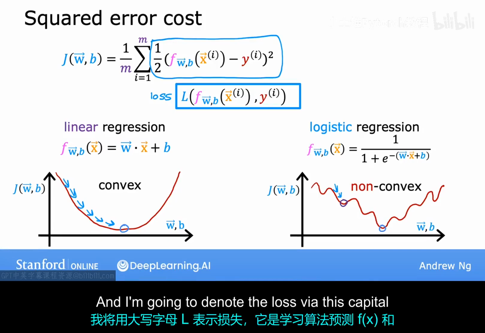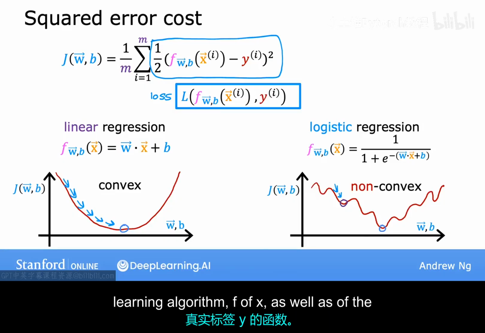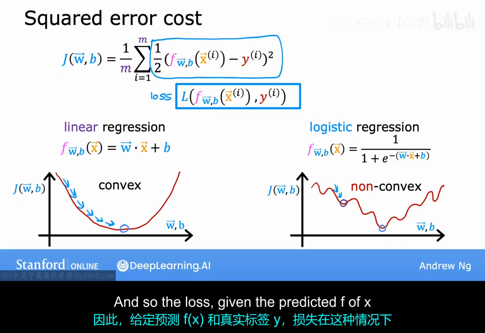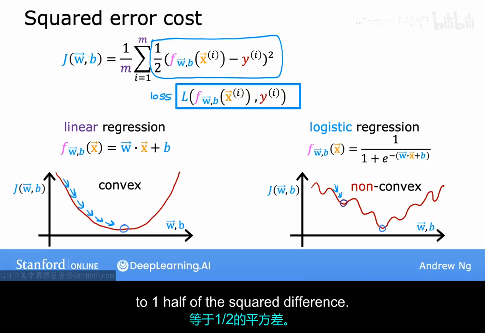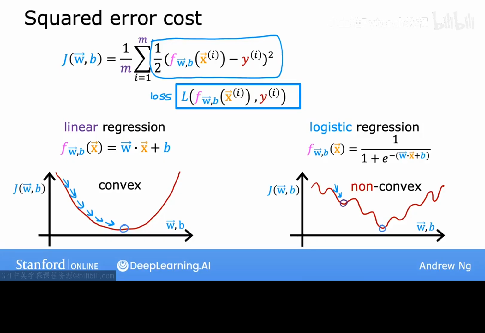And I'm going to denote the loss via this capital L, and it is a function of the prediction of the learning algorithm, f of x, as well as of the true label, y. And so the loss, given the predicted f of x and the true label y, is equal, in this case, to 1/2 of the squared difference.